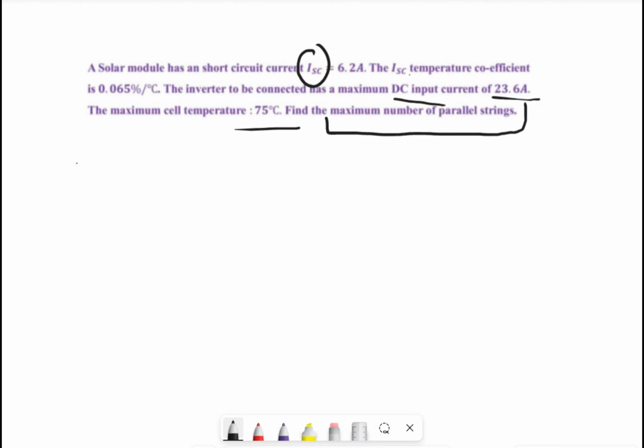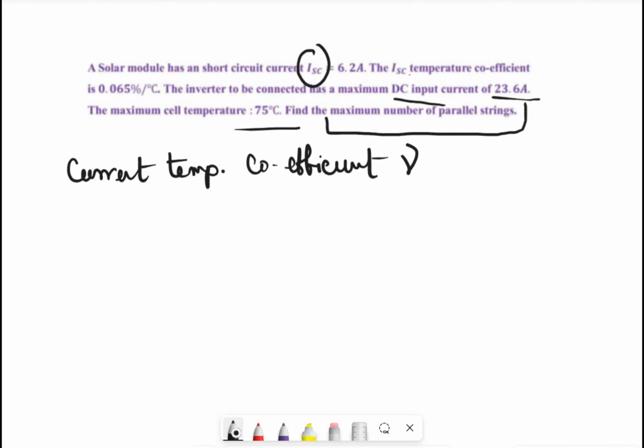So the current temperature coefficient, sigma short circuit, is equal to 0.065% divided by 100 times the short circuit current, right?